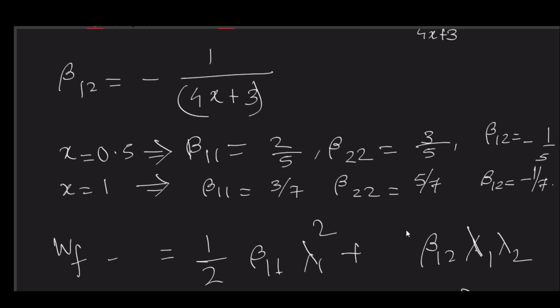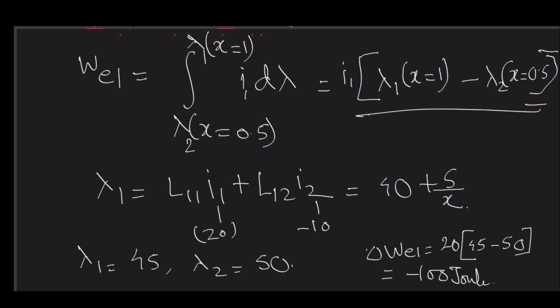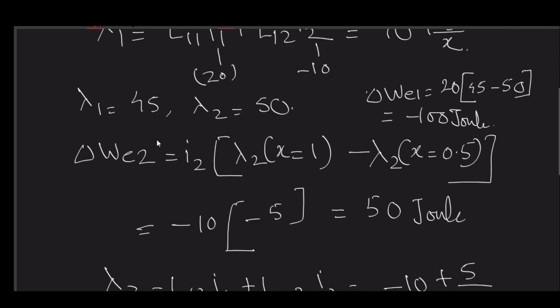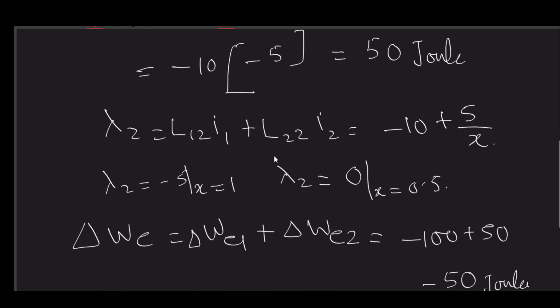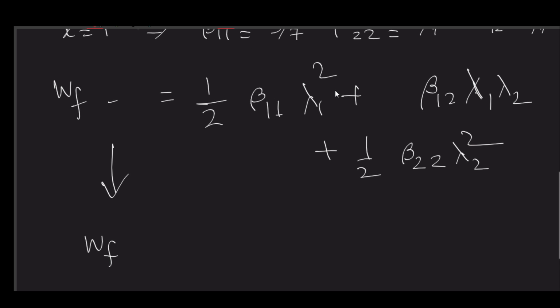Previously we have found out the different values of lambda 1, lambda 2. You have these values, right? So you know lambda 1, lambda 2, and now you can find it out. WF will be how much?